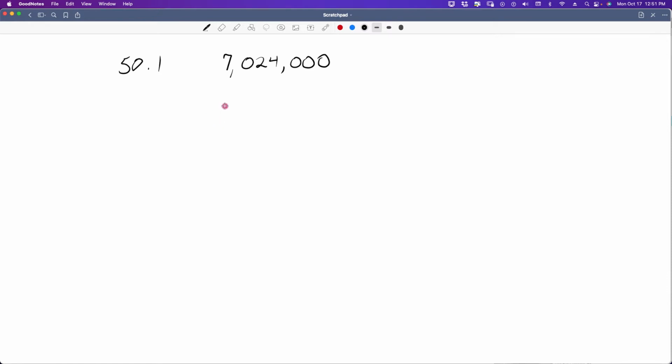So that means we're going to have 7.024, and there are no more numbers, times 10 to some exponent. So we have to figure out what the exponent is. So 1, 2, 3, 4, 5, 6, right? So it's going to be a positive 6, because when we multiply, we'll move this decimal place back to the right side, because it's positive, right?